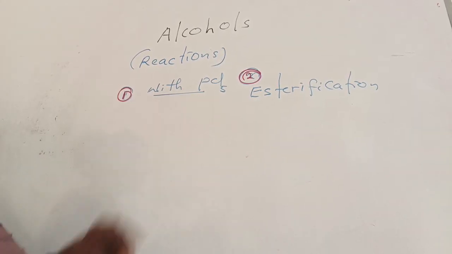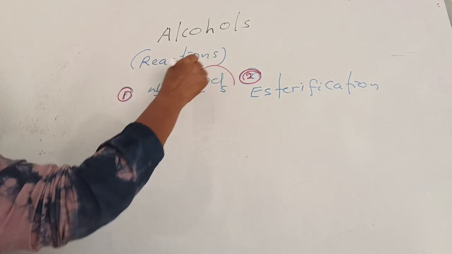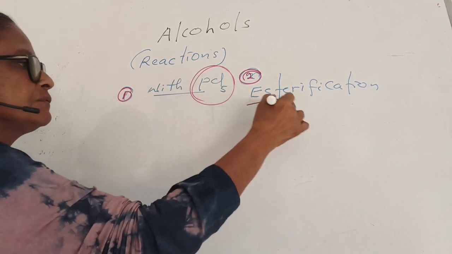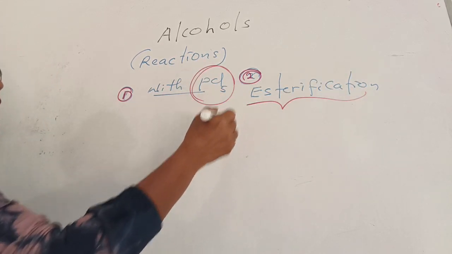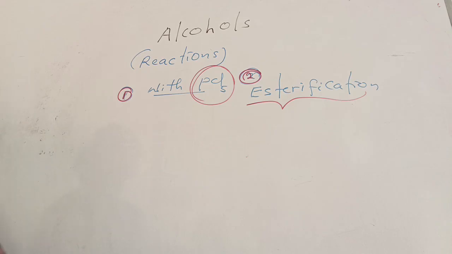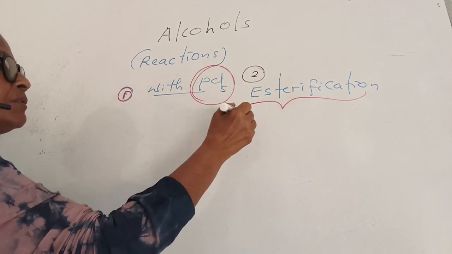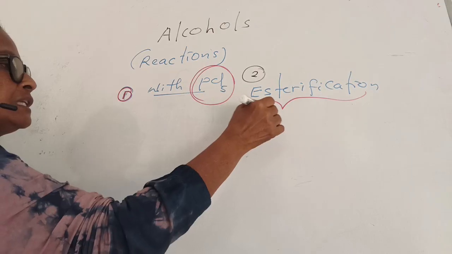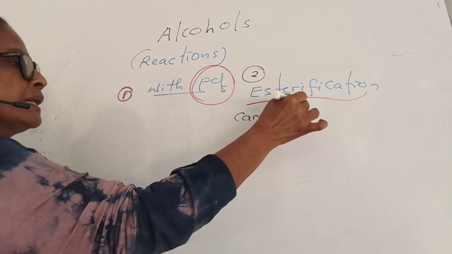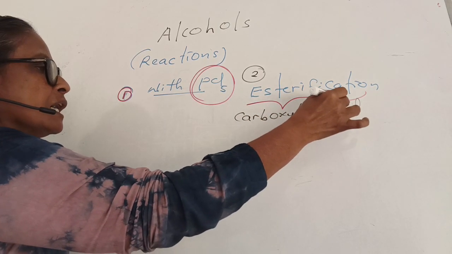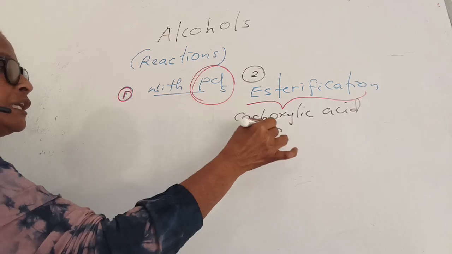I have taken two different reactions of the alcohols. Number one is with PCl5, and number two is esterification with a carboxylic acid or acid chloride. Esterification can happen either with the carboxylic acid or with the carboxylic acid chloride.